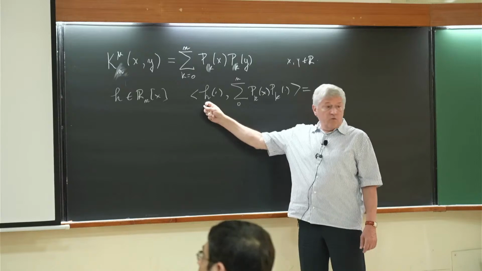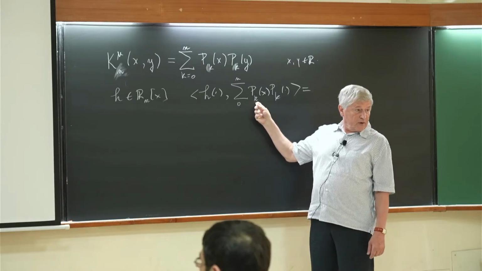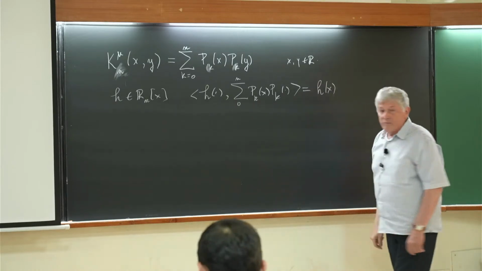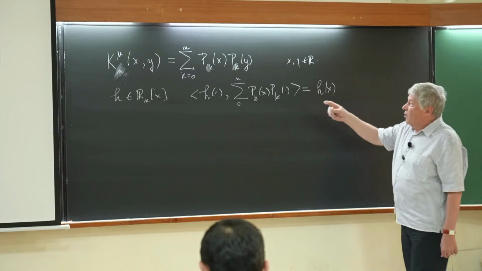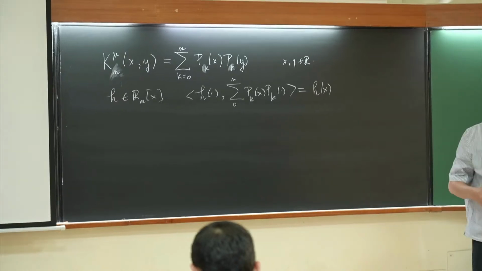If h is one of the orthogonal polynomials, this will be exactly the respective orthogonal polynomial. So this reproduces h, and is called a reproducing kernel in our modern terminology.